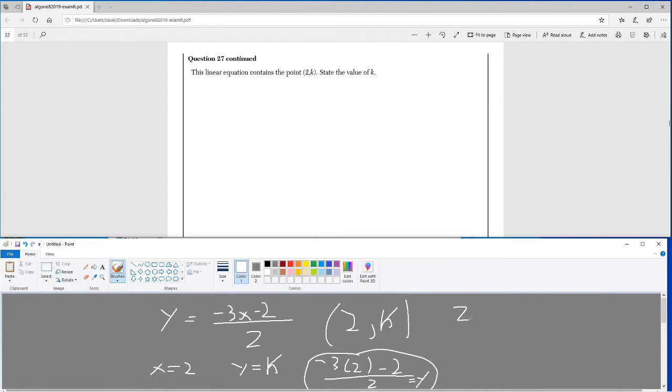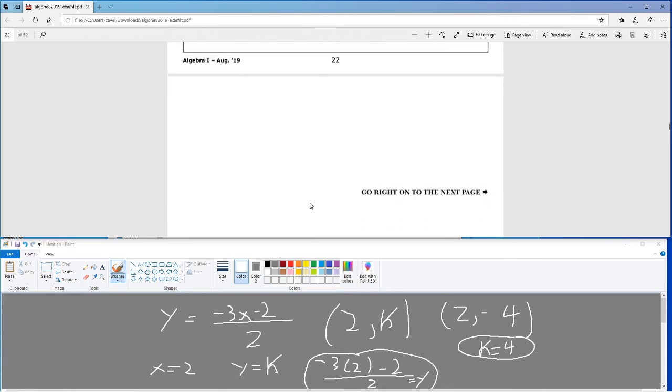So we have 2 comma negative 4. And if you look at the graph before, we can actually see that. We actually found this coordinate before, if you remember, because I used the coordinate x equals 2 to make things a little bit easier, right? So k is equal to negative 4. All right, that's for number 27.